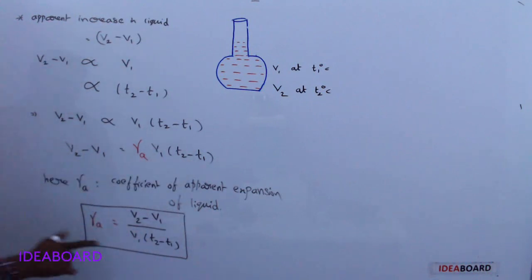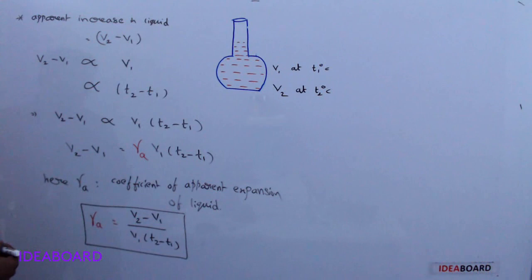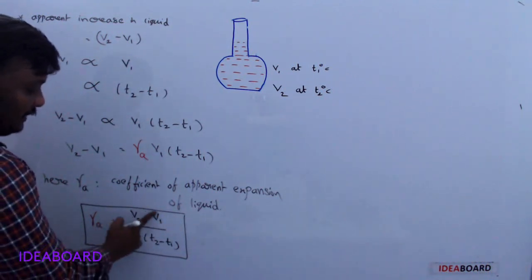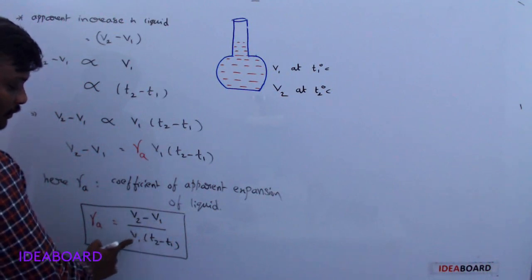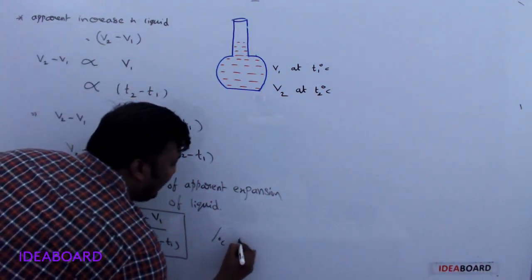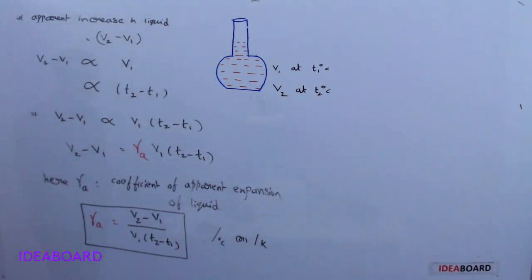What are the units for it? V2 minus V1 is the increase in volume and V1 is the original volume, so they cancel. So the units are per degree Celsius or per Kelvin.